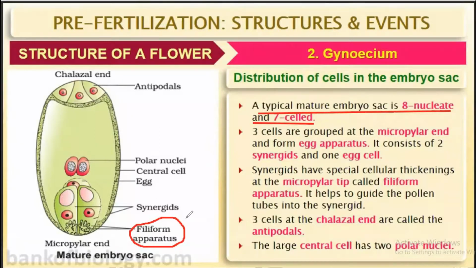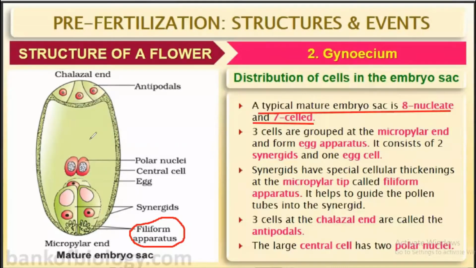That helps to guide the pollen tubes into the synergids. Okay, so what is the filiform apparatus? The cellular thickenings found in the synergids. What is its significance? That helps to guide the pollen tubes into the synergids.